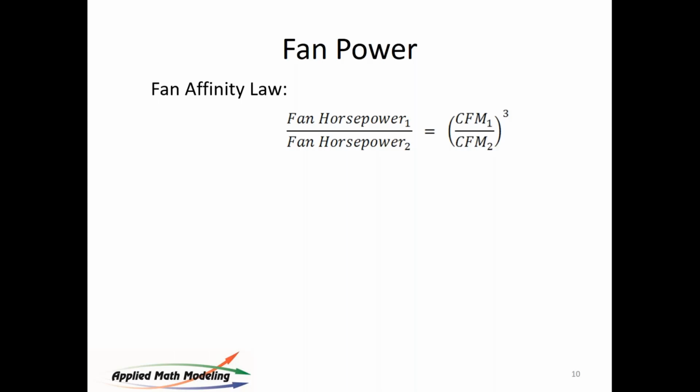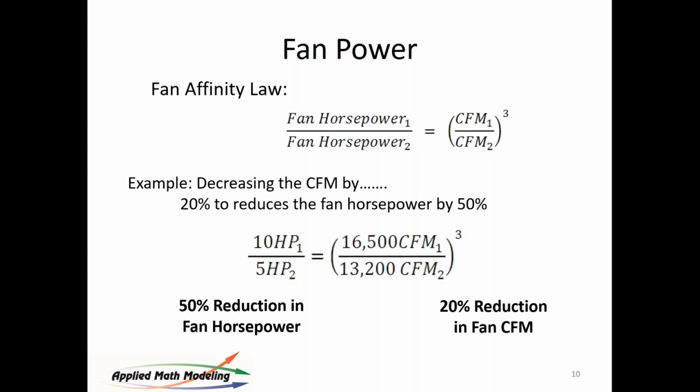The other law or relationship I wanted to point out is the fan law. And this simply says that the fan horsepower and speed of the fan is a cubic relationship with respect to energy consumption. Specifically, the amount of energy required to drive a fan is equal to the cube of the ratio of the two speeds before and after.